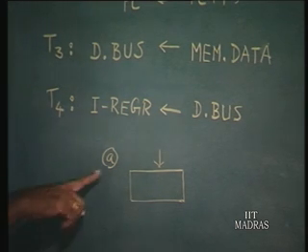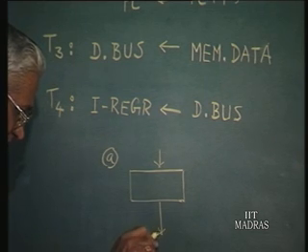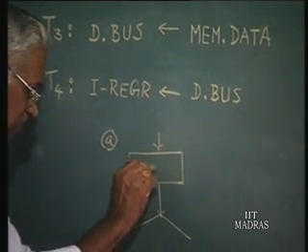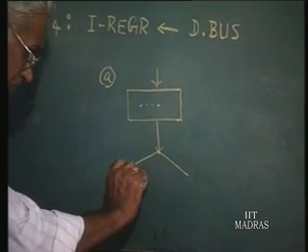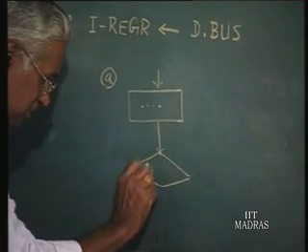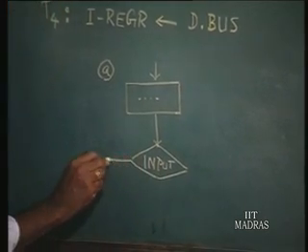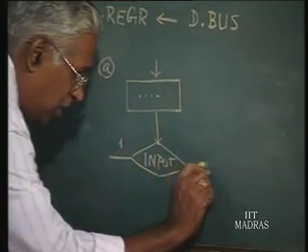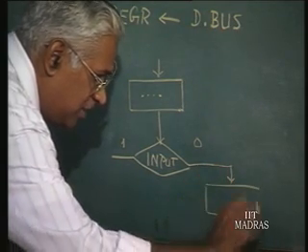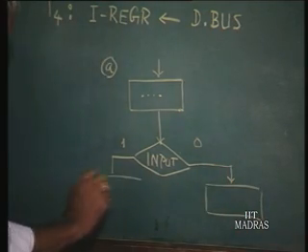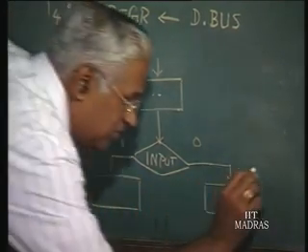In that state A, some output may be generated. Then in that state, some input is also checked, and depending on the input being 1 or 0, we said there are 2 possible next states, and we can call them, say, state B and state C.